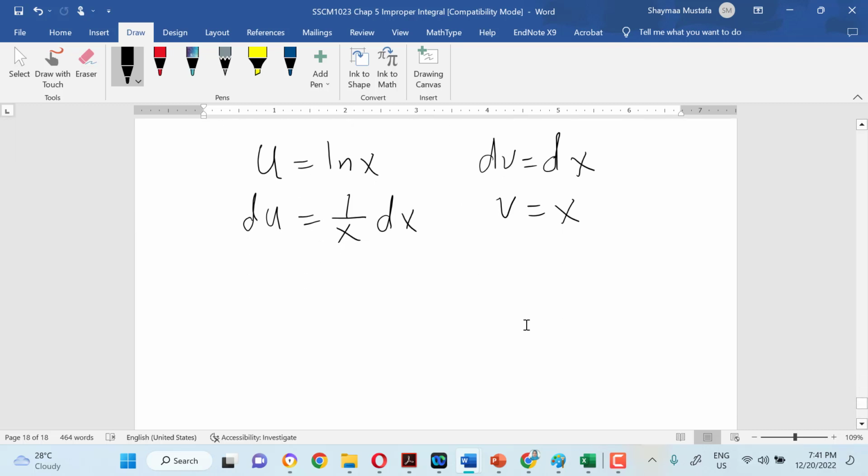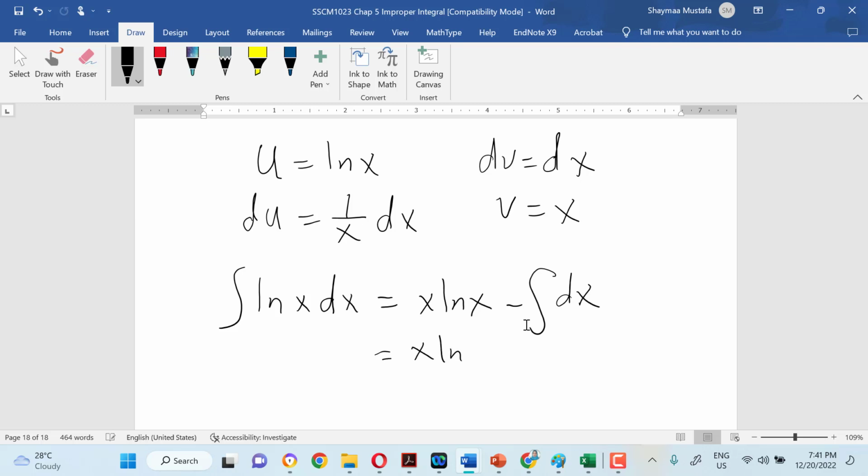So the integration of ln x dx is equal to vu, which is x ln x, minus integration of v du, which is x multiplied by 1 over x, which is 1, so dx. So this one will become x ln x minus x.